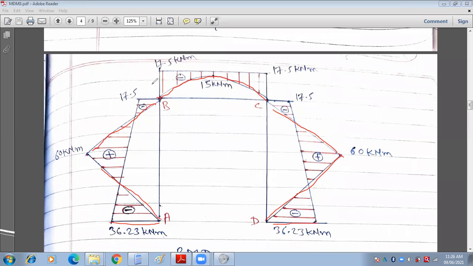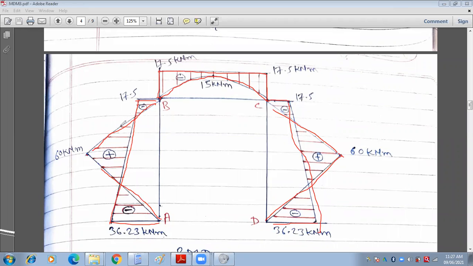And for the joint B, the value is 17.5, 17.5. Similarly for the CD, 17.5, 17.5. Here it will be a horizontal line because the intensities are the same. And here an inclined straight line because the value is here 36 and here 17.5. Join this by an inclined straight line over here, inclined straight line over here.